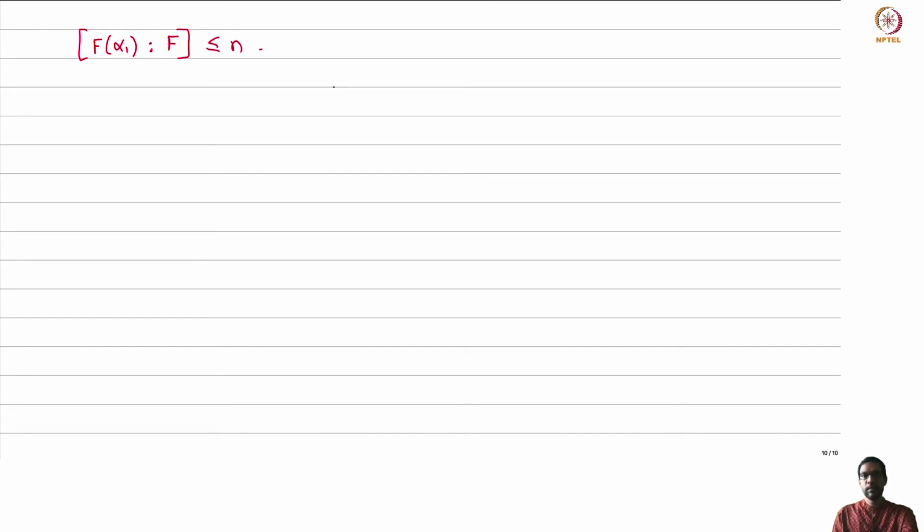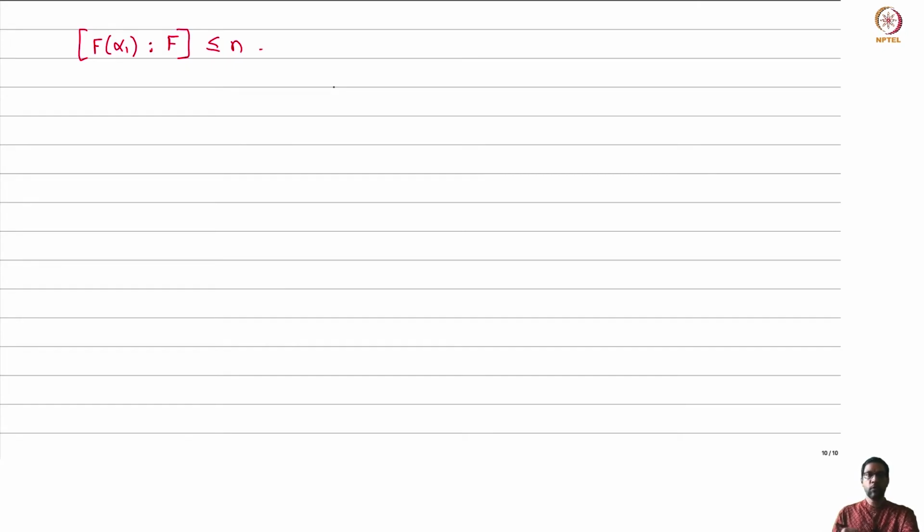For example, maybe alpha 2 is equal to alpha 1, or maybe alpha 2 is minus alpha 1, or some polynomial in alpha 1, say alpha 1 squared plus 2 alpha 1 plus 3 or something like that. So some number of the other roots may already be part of this extension F(alpha 1).